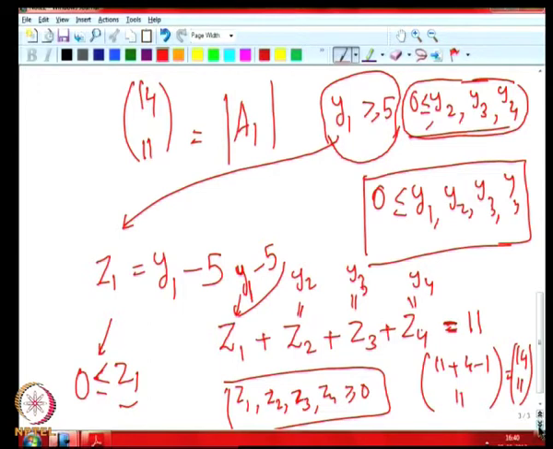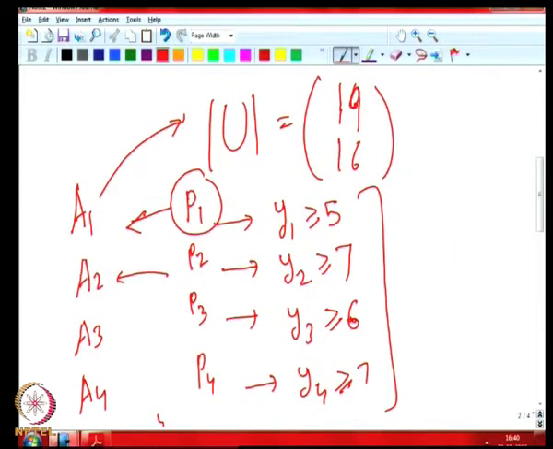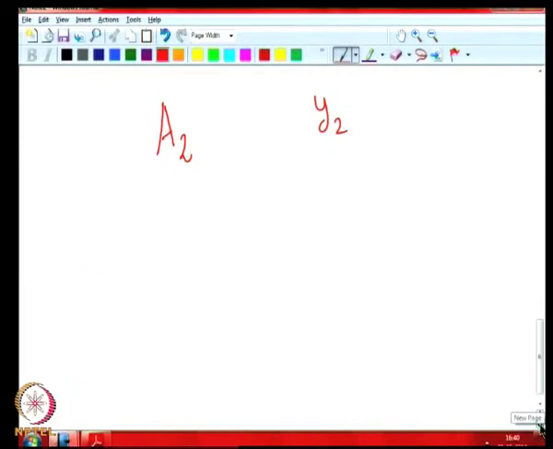Now similarly we can define A2, the set of solutions from the universe which has the undesirable property P2, namely y2 is greater than or equal to 7.